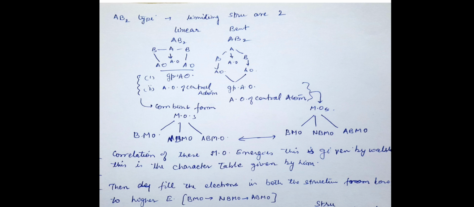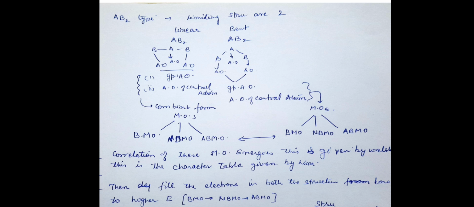Now, what will Walsh do? Walsh correlates the energies of bonding molecular orbital of linear and the bonding molecular orbital of the bent shape, non-bonding molecular orbital of linear and non-bonding molecular orbital of bent, anti-bonding molecular orbital of linear, anti-bonding molecular orbital of bent shape.